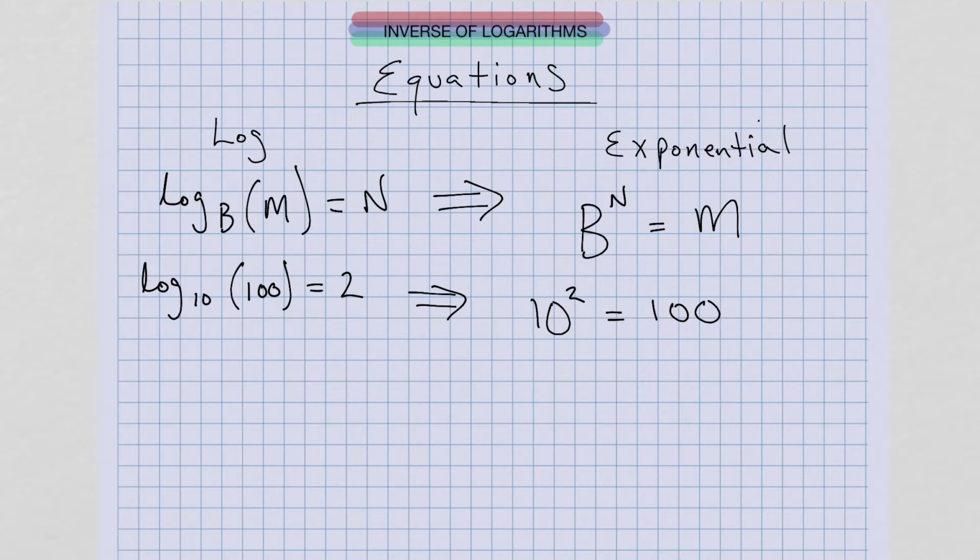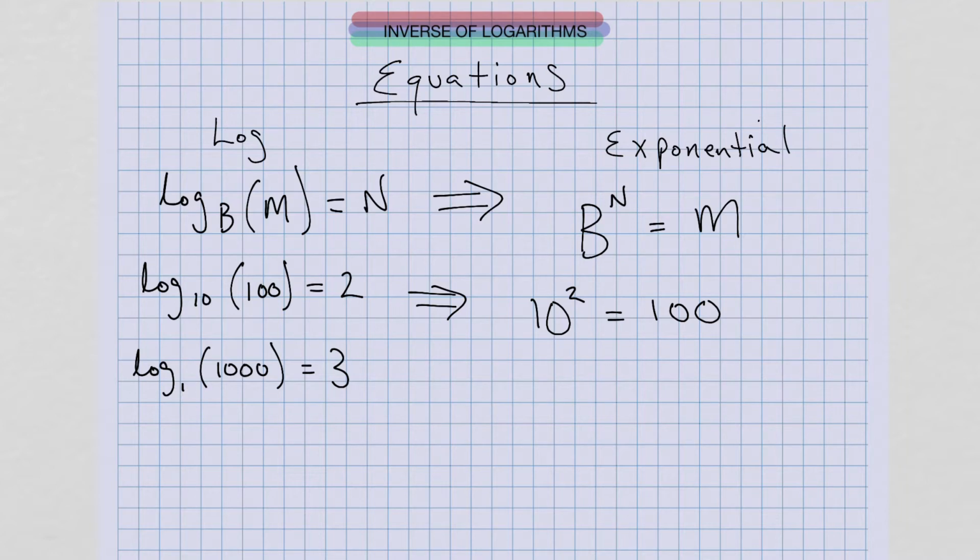So if you have log 1000 equals 3, and you don't see a base number here, see here we have this base 10, if it's left blank, you automatically assume that it's base 10.